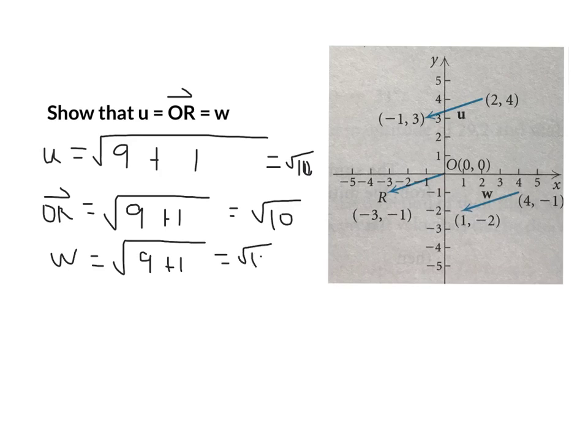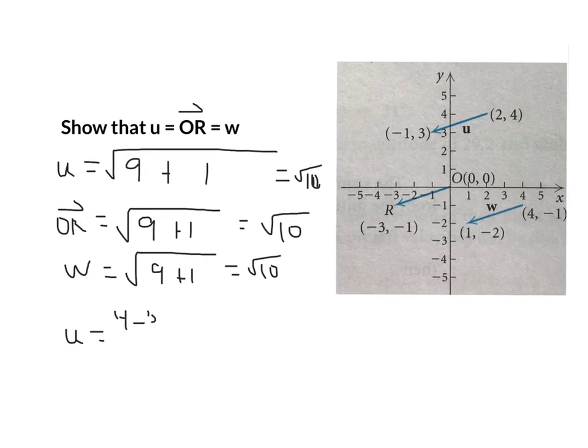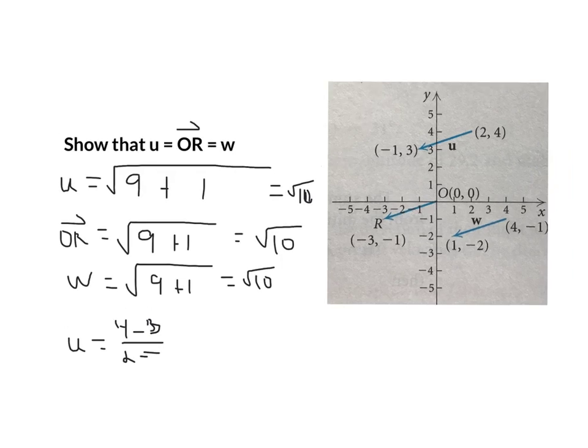So far, so good. But remember, for them to be equal or equivalent, they have to have the same direction also. So I've got to check the slope of all three. On U, I'm going to do y minus y over x minus x, which is 4 minus 3 over 2 minus negative 1. So I get 1 over 3.